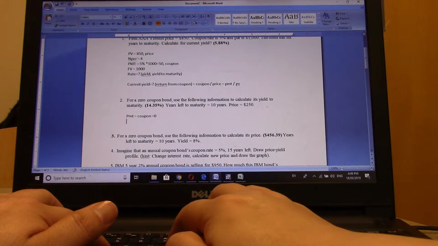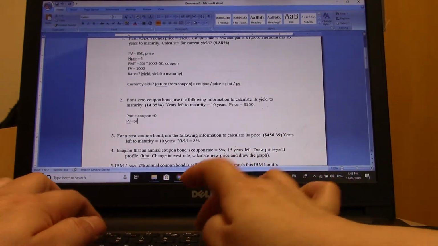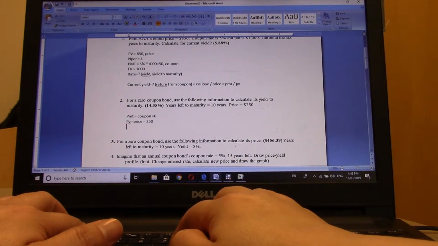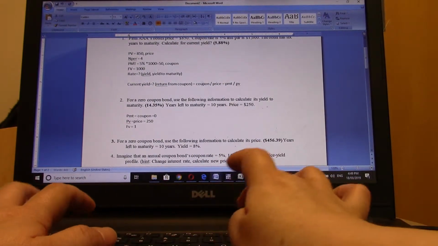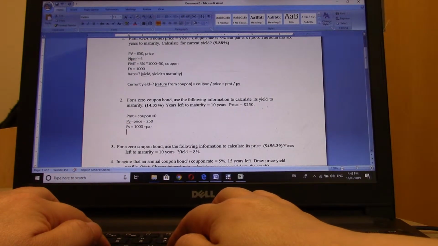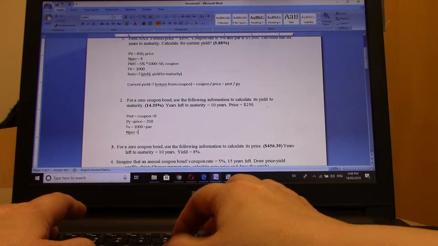And when you read the question, see price is $250, then PV, the price, equals $250. So you see it's way below 1,000. FV is always 1,000. It's also called par. And also years left to maturity should be N. N should be 10.